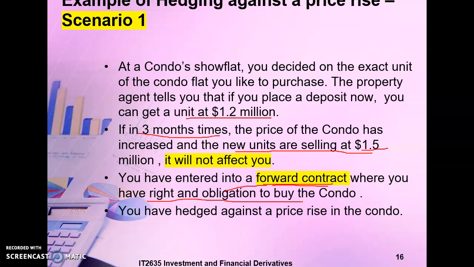And of course, the developer or the seller has the obligation to sell to you at 1.2 million, instead of the increased price. So that's what we call hedge, or fix the price, for the price that has risen. So you have successfully hedged against increased price in the condominium.